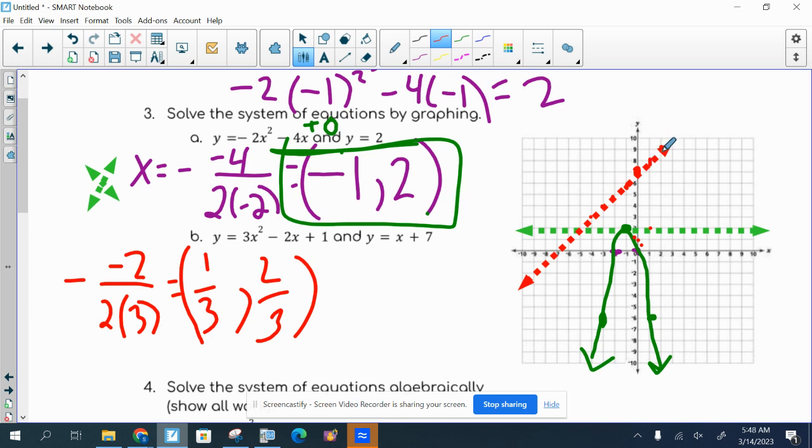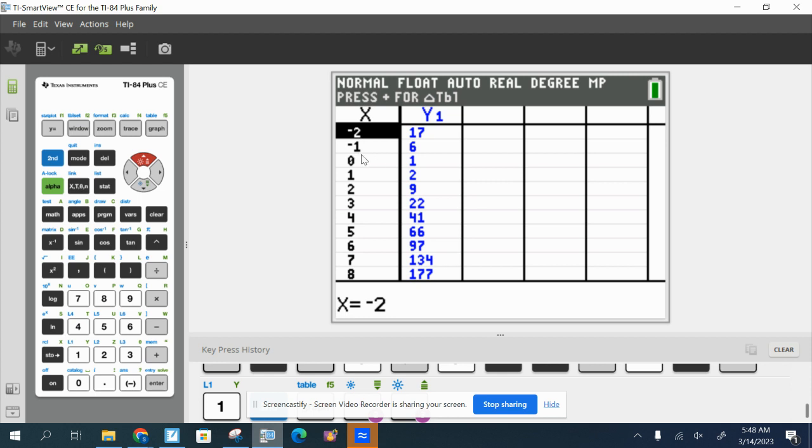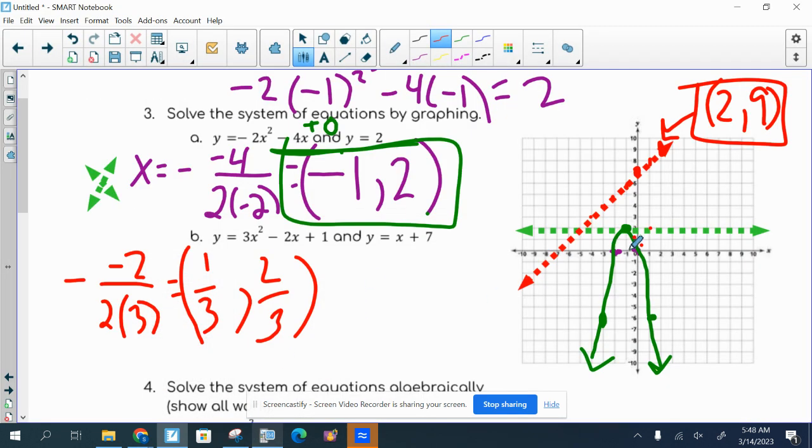So this would be one of the intersection points because this is what the line also goes through. So one of the solutions will be 2, 9. And then let's check the negative on the left side of the vertex. So the negative 1, 6. Let's see if that's an intersection point. Negative 1, 6, and it is.